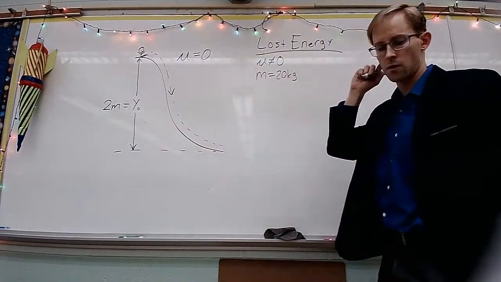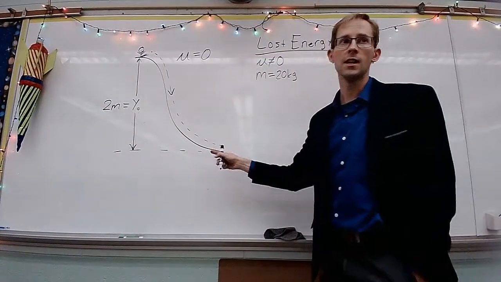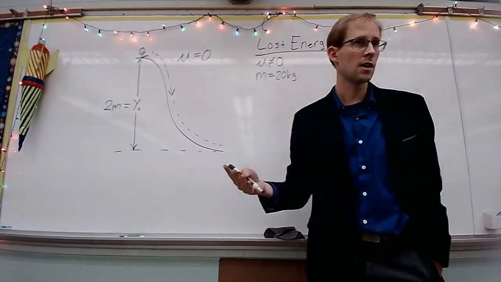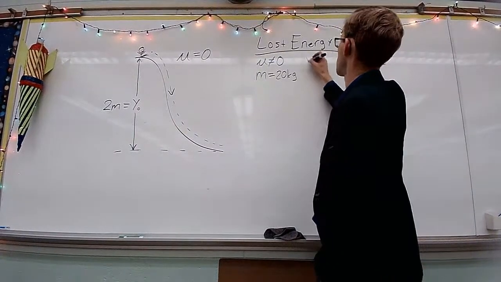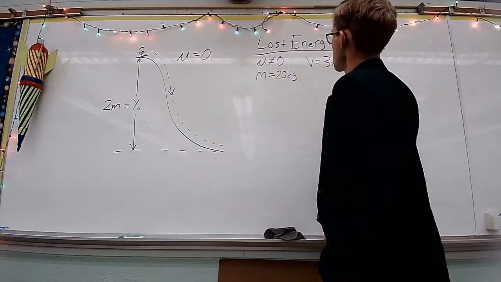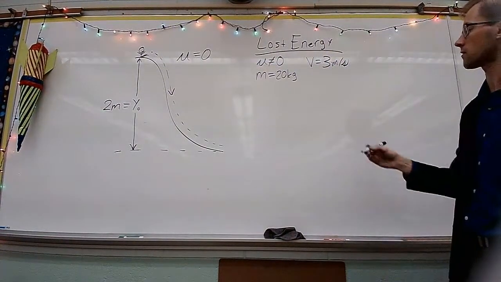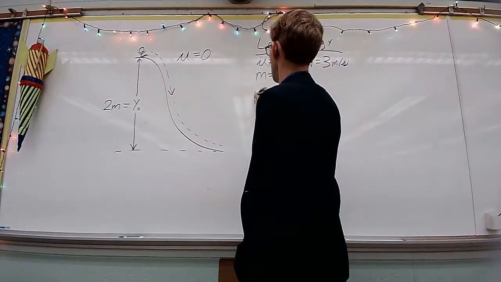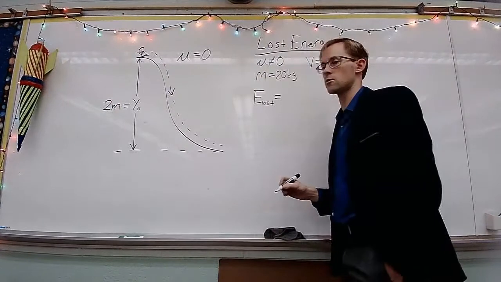And he was going at 6.26 meters per second at the bottom originally. Let's say that because of friction, he's not quite moving that fast when he reaches the bottom. Maybe his final velocity is 3 meters per second. If this is the case, how much energy has been lost? So to find that lost energy, you're just taking the energy difference.